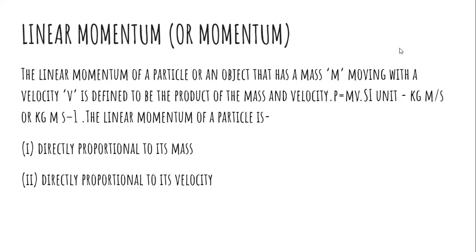So p equals mv, and that's very important. The SI unit of this is kg meter per second, or kg m s^-1, which is basically the same thing. And the linear momentum of a particle is directly proportional to its mass and velocity.